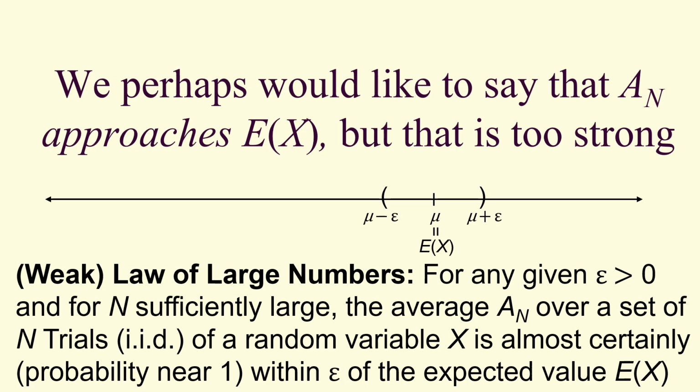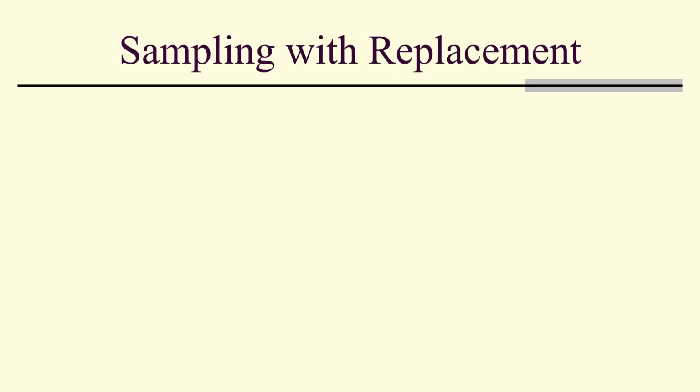So we might want to say, well, A_n is approaching the expected value of X, but that's too strong. So we're going to explore intuitively next what it is that we can say. We're going to do what's called sampling with replacement.